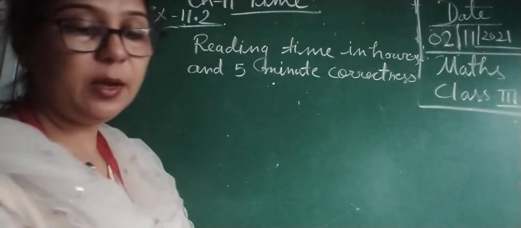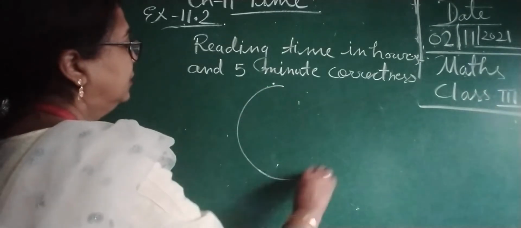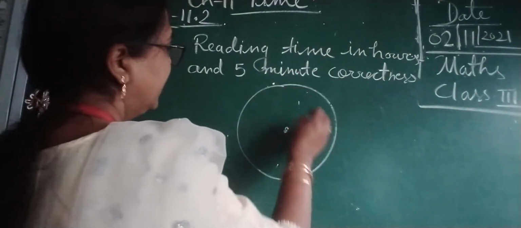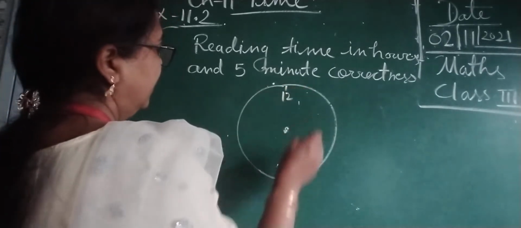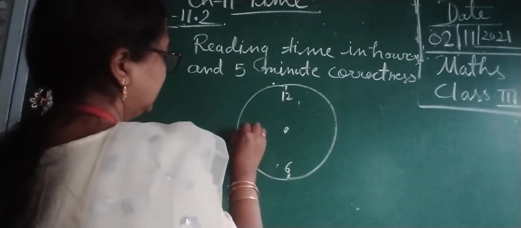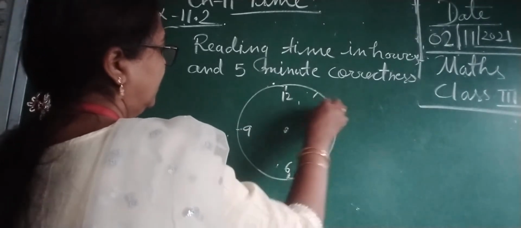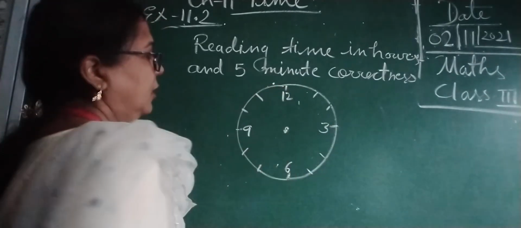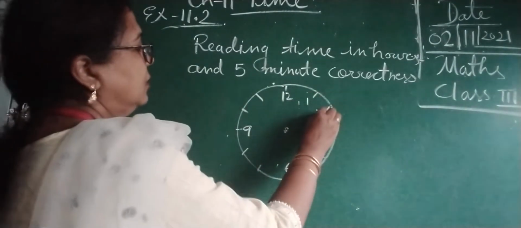So here children, I'm going to draw one clock over here. By this we can learn easily. So here children, you can see this is 12 and this is 6, this is 9 and this is 3.